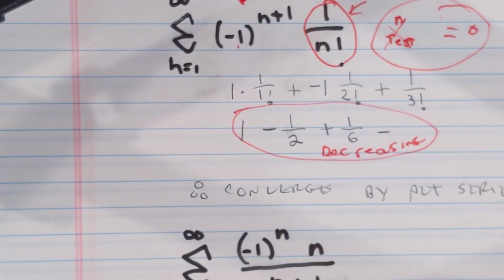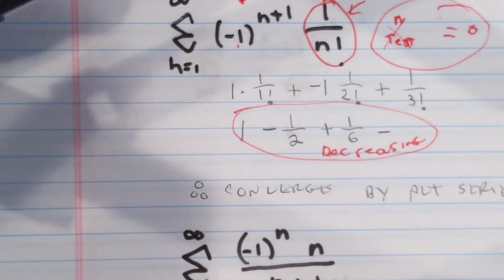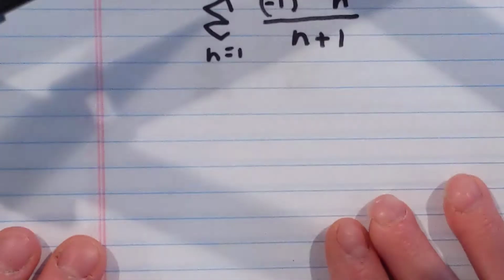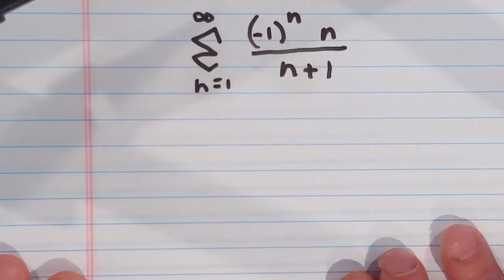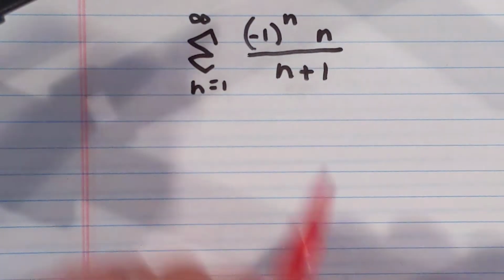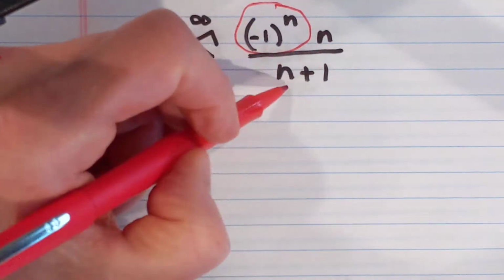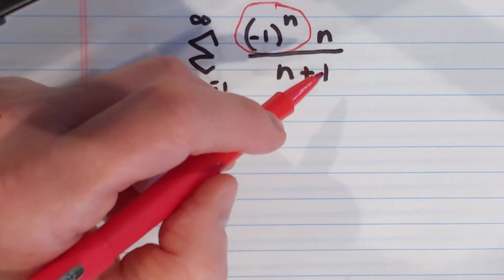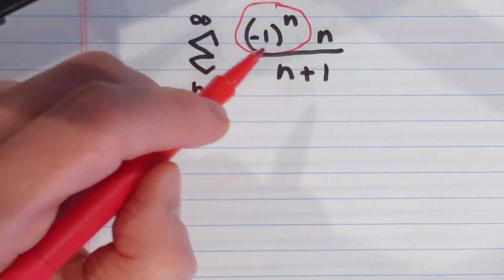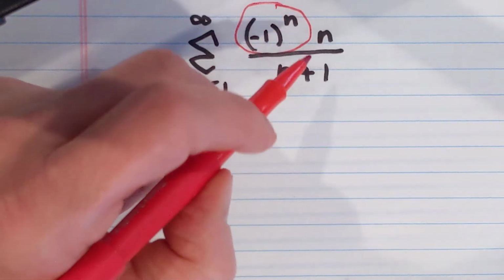Now we can get more complicated. Here we go. You got that one right there. Now, again, I'm looking right here first. The rest of these n's are not geometric. They're not in the exponent. So I'm looking there. That tells me it's going to alternate from positive to negative.